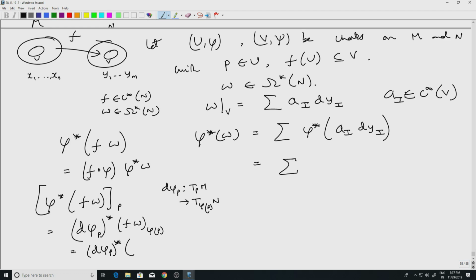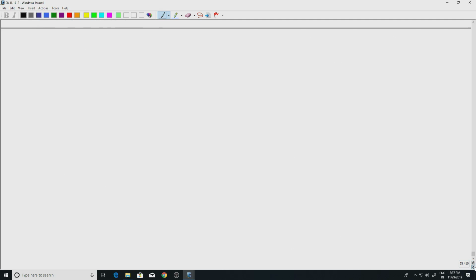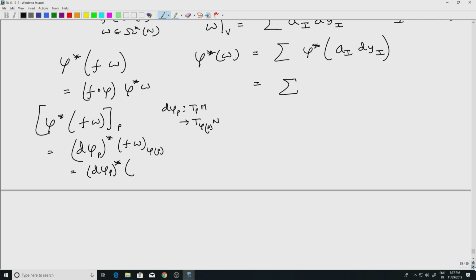Now, even though I didn't mention it earlier, just like for vector fields, if you have a differential k-form, you can multiply it with a smooth function and get another differential k-form.